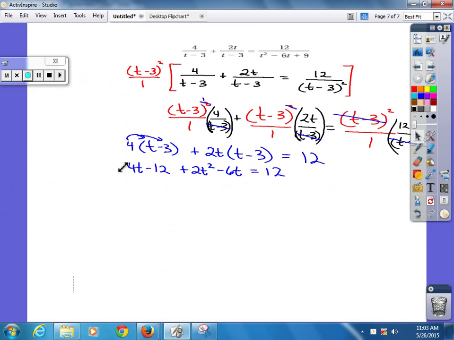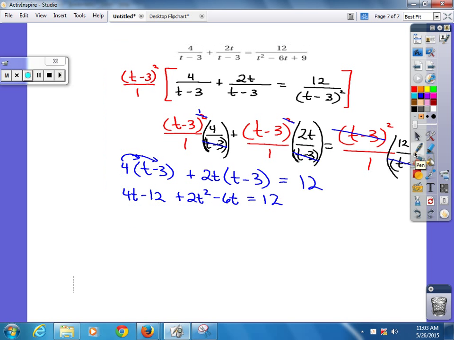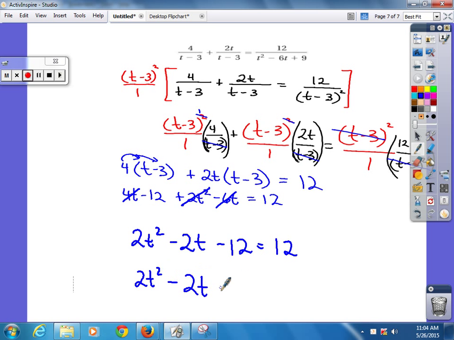Anyway. And that'll give us 2t squared minus what? So I'm going to bring that 12 over here, and that'll be 2t squared minus 2t minus 24.